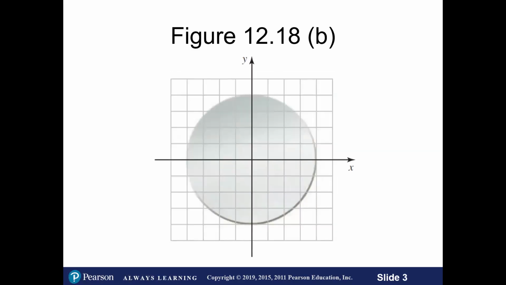Well, with polar coordinates, then we're going to navigate around the plane differently. So instead of moving rectangularly, horizontally, vertically, we're going to move along a circle.